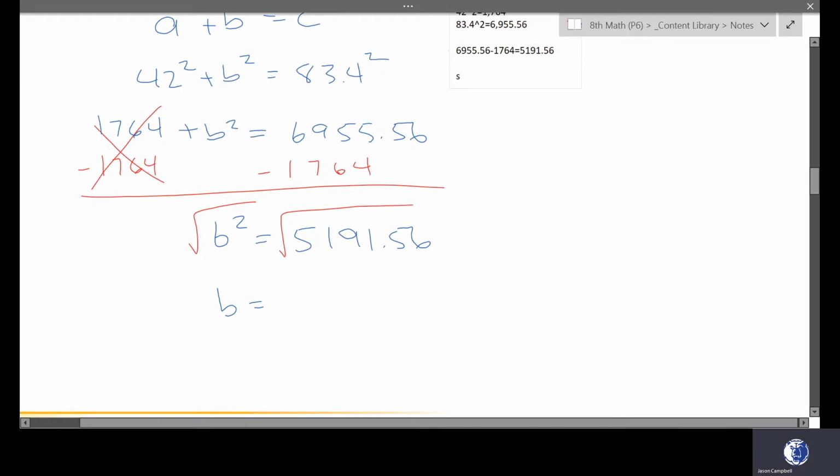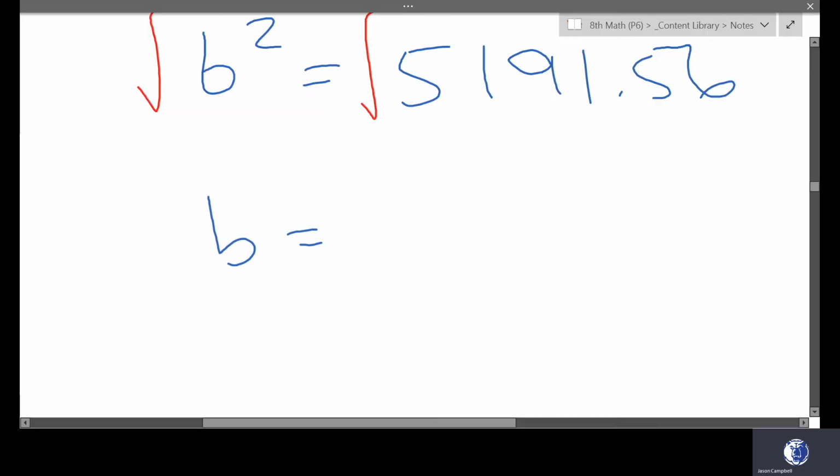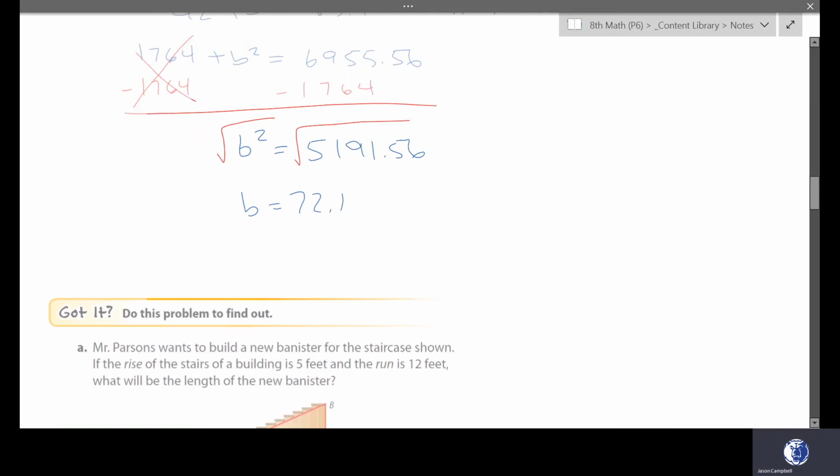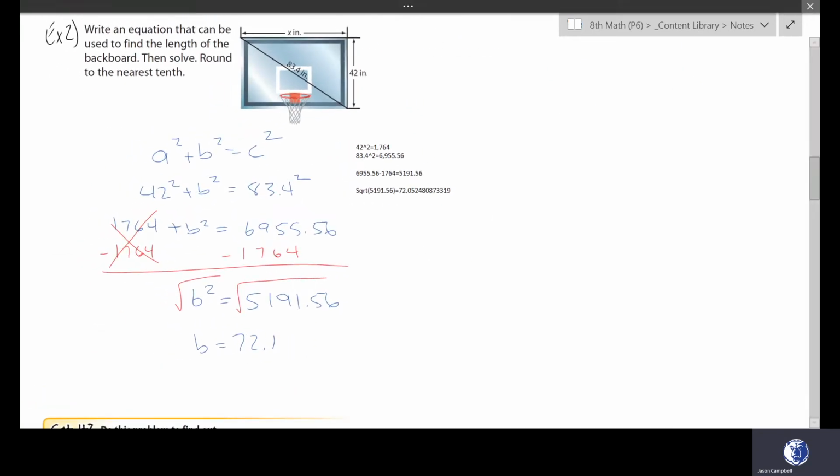So the square root of that number is 72.1. Going back to the problem, this is positive or negative.